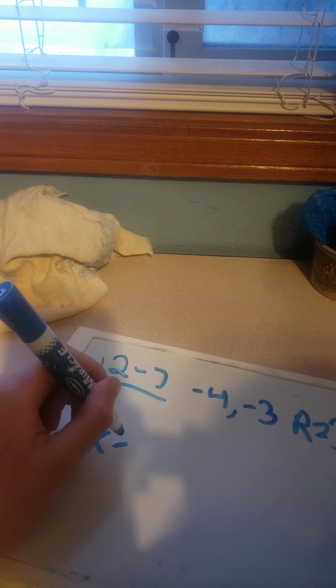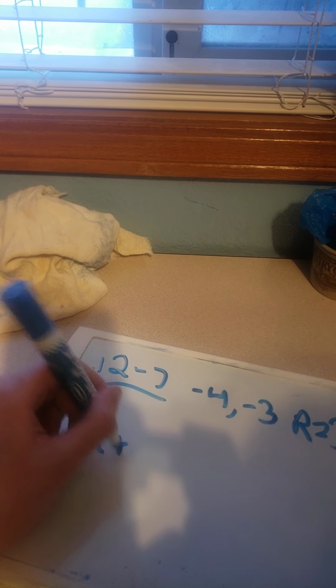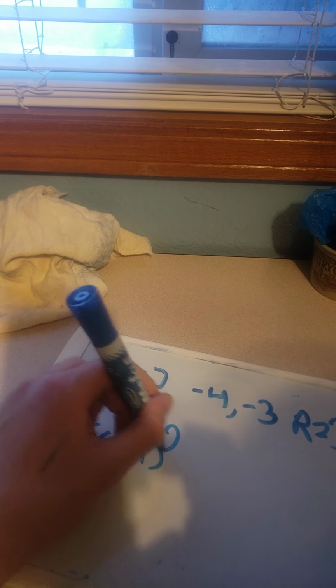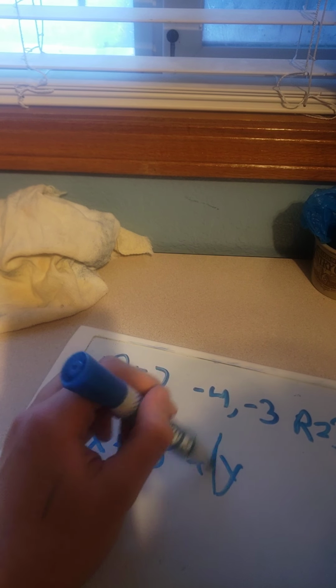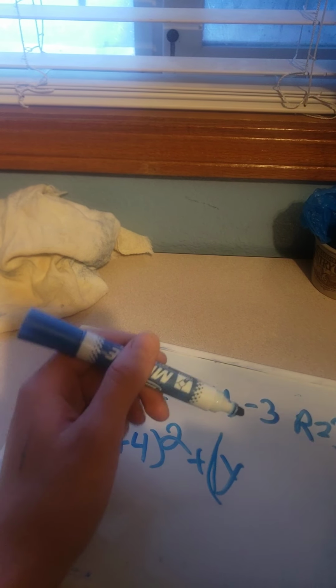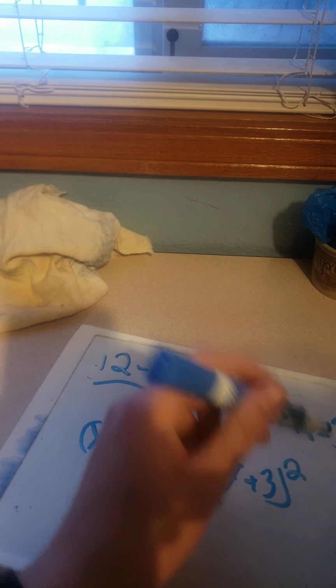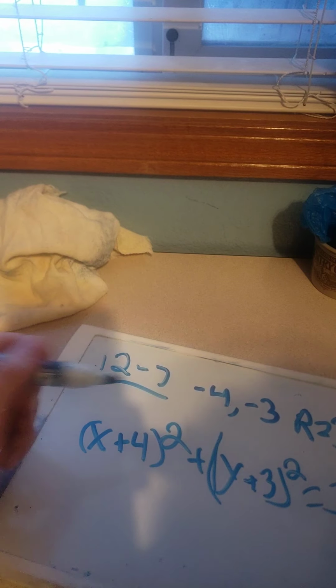So to put a negative in a negative, you have to add. So it's going to be x plus 4 squared plus y, and then we're going to have its own parentheses because it's going to be squared itself. And then we're going to have y minus -3, so plus 3 squared equals 3. So that's how you'd put that into an equation.